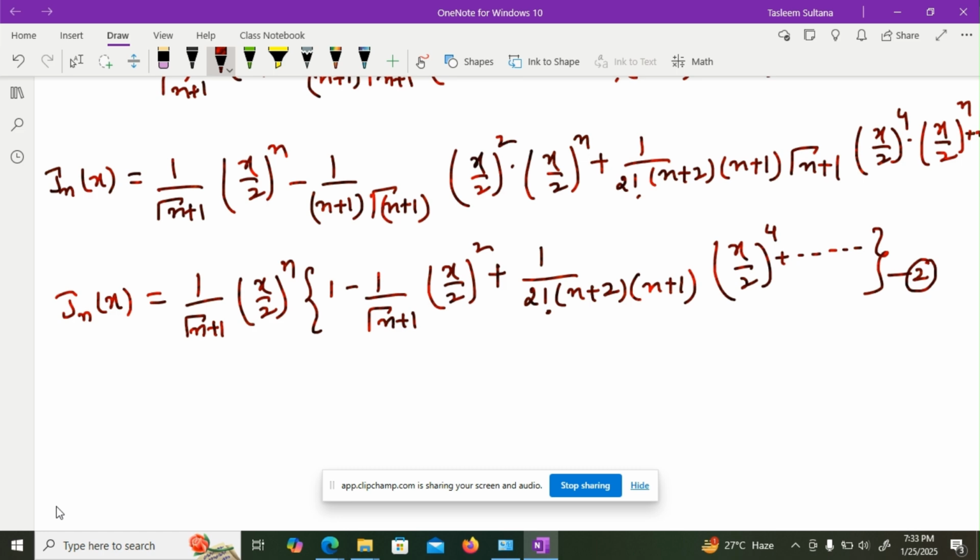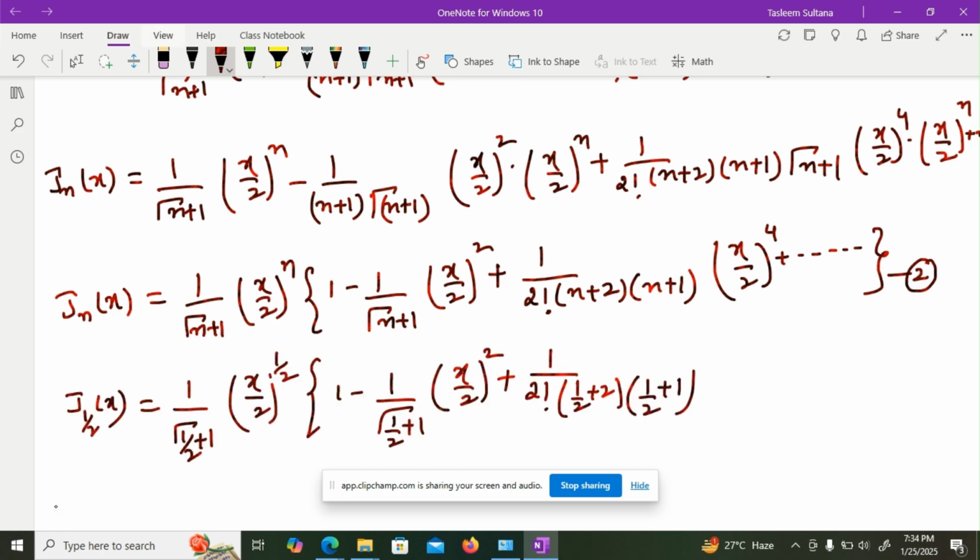Our destination is to find the value of J of half, which is equal to 1 divided by gamma of half plus 1 x by 2 to the power of half, times 1 minus 1 divided by gamma of half plus 1 x by 2 whole square, then plus 1 divided by 2 factorial half plus 2 into half plus 1.